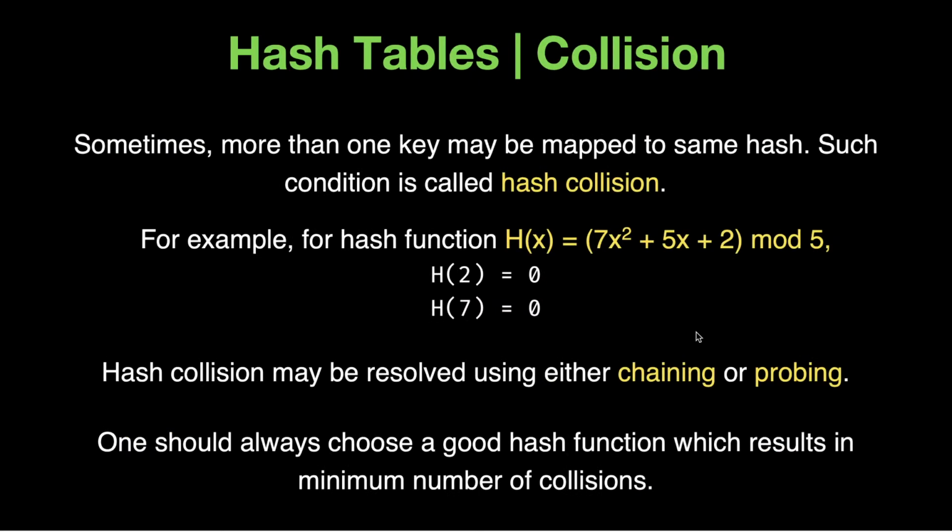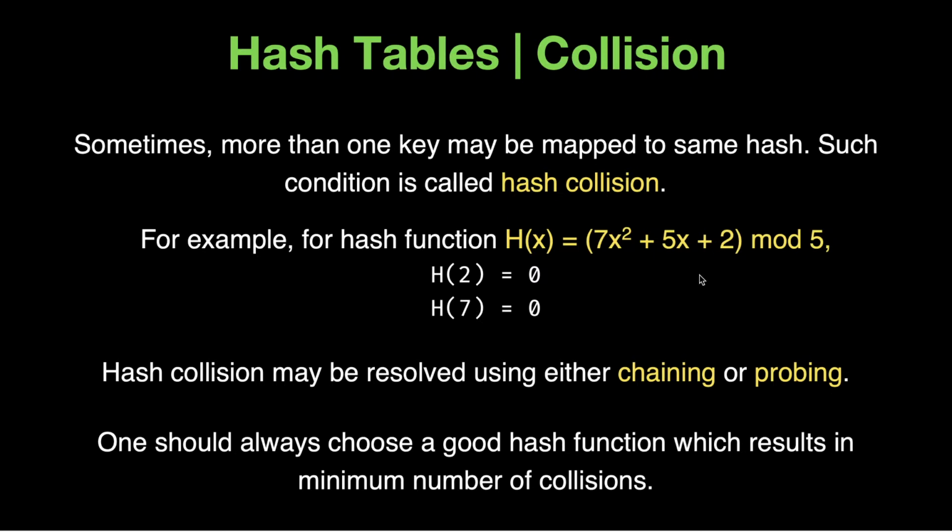But those O(1) operations are actually conditional. That is, they hold if we consider that there are no hash collisions in our implementation. So what are hash collisions? Sometimes more than one key may be mapped to the same hash. For example, with the same hash function h(x) = (7x² + 5x + 2) mod 5, if we pass 2 inside it, it will give us 0.